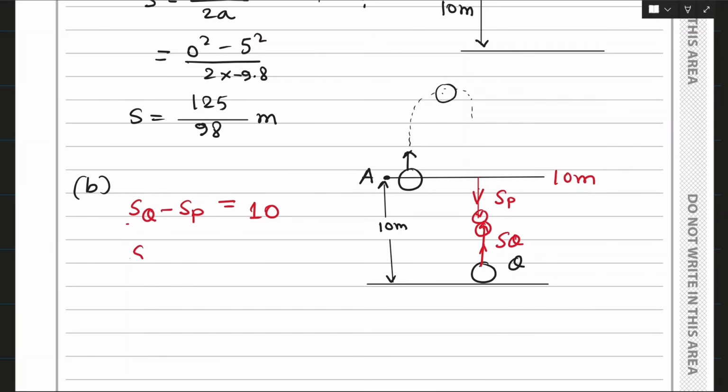We can consider SQ positive, so we have SQ and minus SP. Why is this negative? Because SQ is positive, that's why SP is negative. We can also consider SP positive and SQ negative. The answer would be the same.